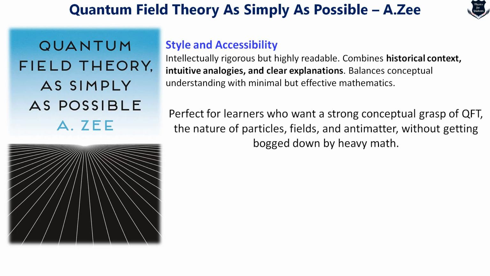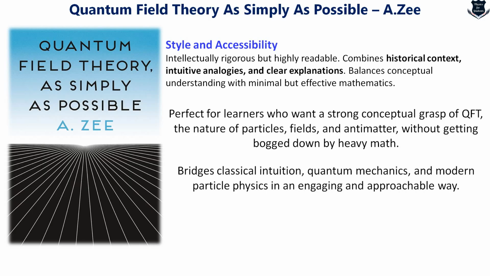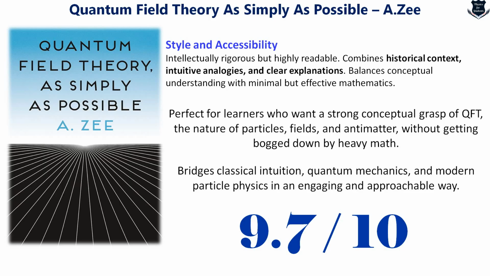So this is perfect for learners who want to have a strong grasp of QFT, and do not have a very difficult understanding of mathematics, yet you can go into antimatter, matter, Dirac spinor, etc. So this actually bridges the classical intuition of quantum mechanics and modern particle physics in a nice way, and I would rate this book 9.7 out of 10. I won't wonder if you give 10 out of 10 to this book. It is just an amazing read. A strong recommendation to go ahead and read this book.